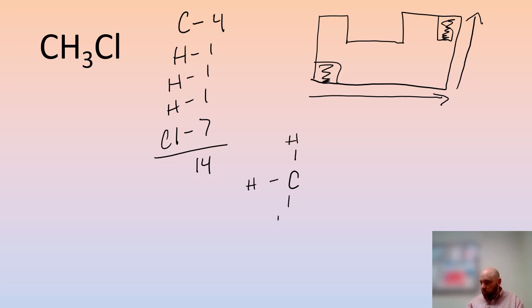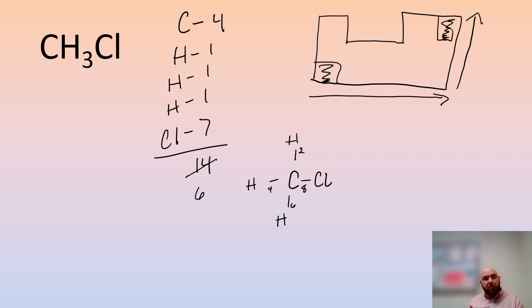So we will single bond our 3 H's to that carbon and our 1 chlorine to that carbon. In doing so, we now have used up 2, 4, 6, 8 of our electrons. So now we only have 6 electrons left to place in our molecule.